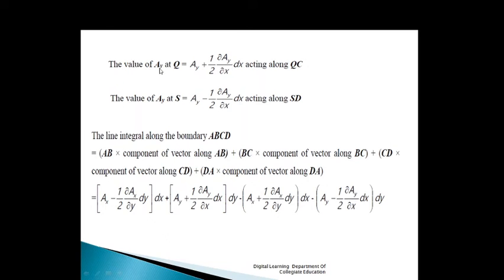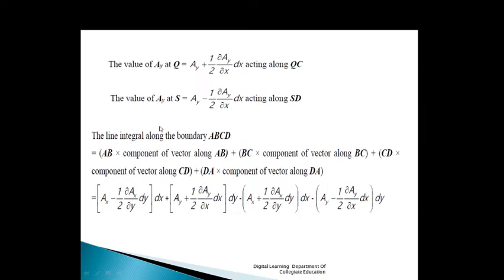The value of Ay at Q is equal to Ay plus half of ∂Ay/∂x dx, acting along QC. The value of Ay at S is equal to Ay minus half of ∂Ay/∂x into dx, acting along SD.